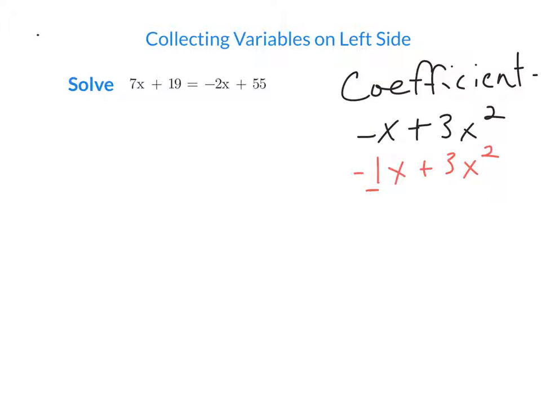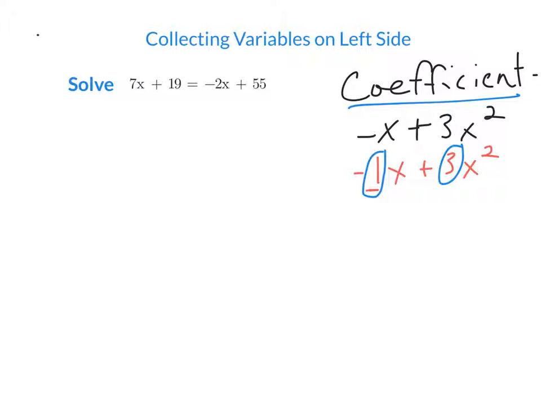It's always there, even if it doesn't show. And if you look at which ones are the coefficients here, the 1 is a coefficient and the 3 is a coefficient. So that's what the coefficient means. That was just a review from one of the lessons in Chapter 2.